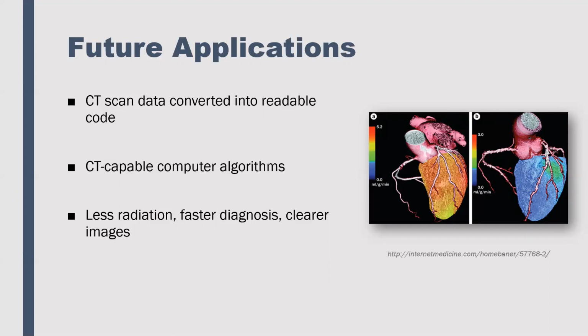Modern machines are already being developed to reduce the dosage of radiation exposed to patients, and research into the relationship between CT imaging data and computer algorithms is a hot topic of interest for engineers and computer scientists. Next, we'll explore some of these innovative algorithms in detail and explain their significance.